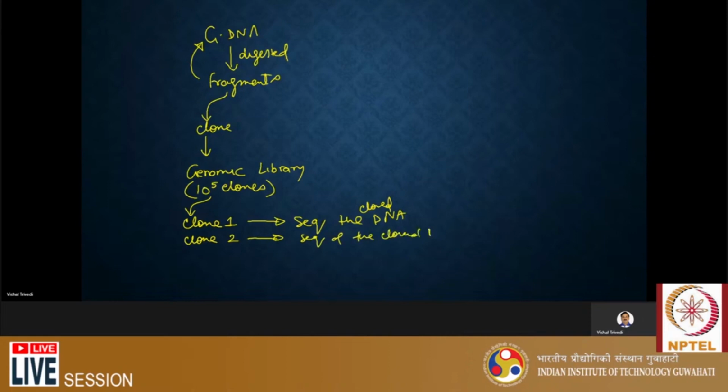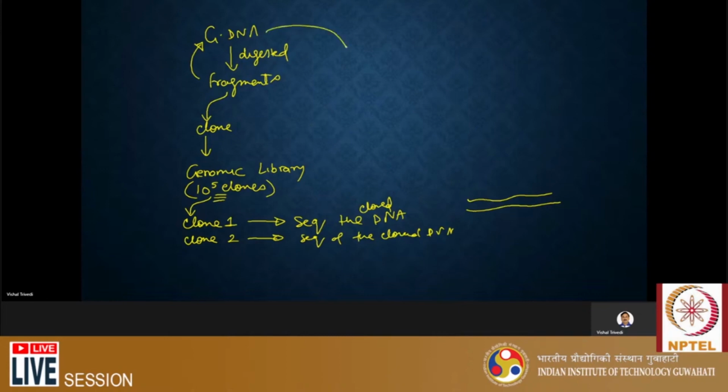If you continue like that, and sequence all the 10 to the power 5 clones and put them together, you will be able to sequence the whole genome. So that is the purpose: the genomic library can be a helpful tool for all those who are doing genome sequencing. That's why it is easier.